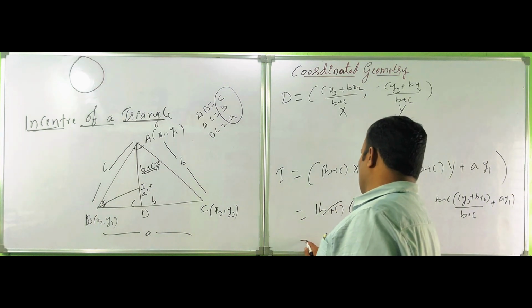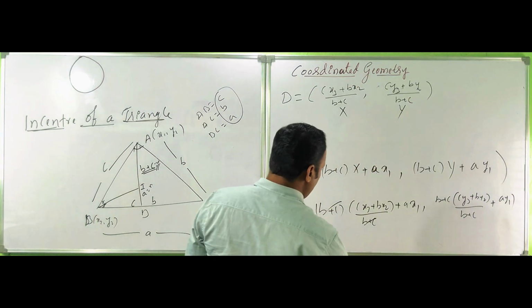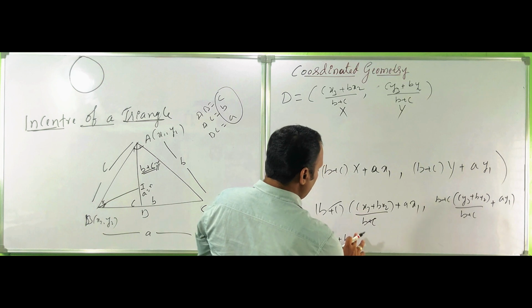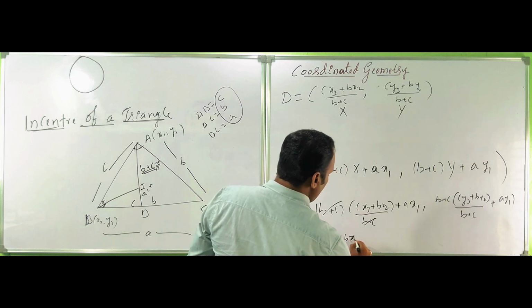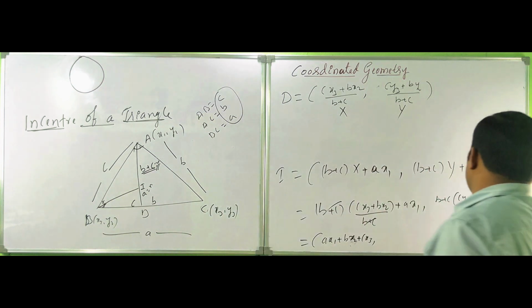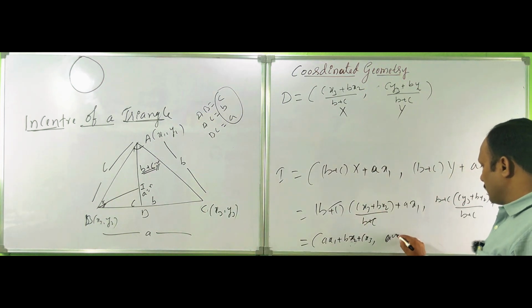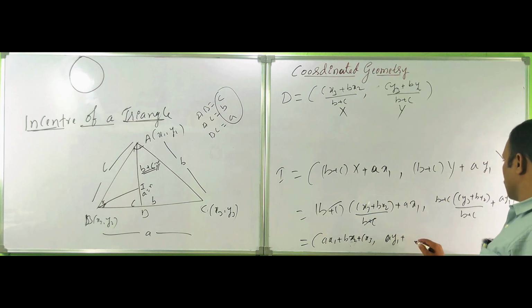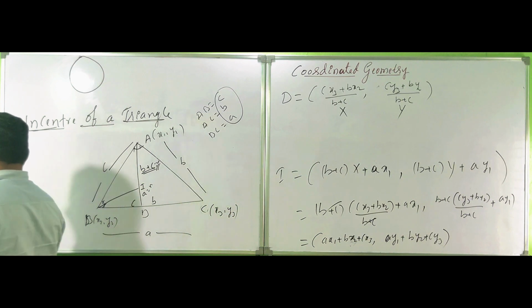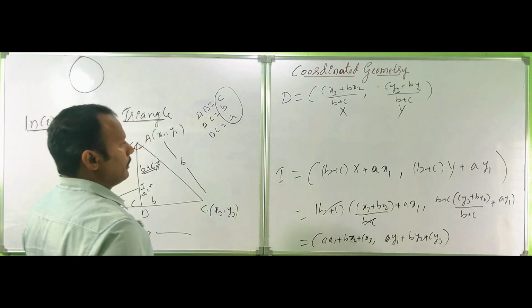This can cancel. This becomes A x1 plus B x2 plus C x3, and similarly A y1 plus B y2 plus C y3, divided by A plus B plus C.